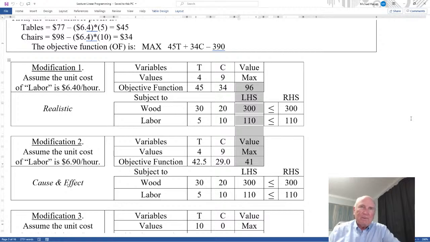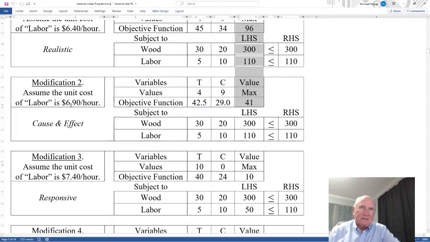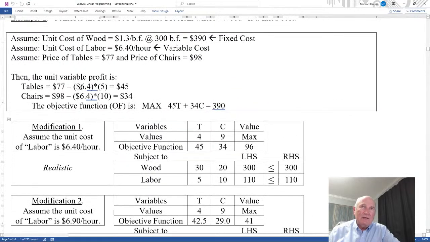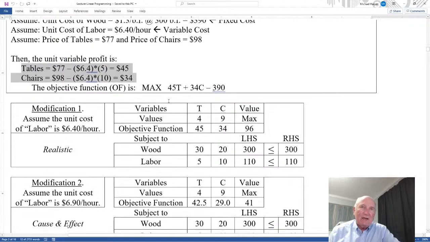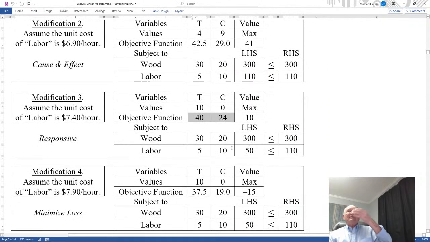If I increase this, modification 3, if I increase this by another 50 cents, from 640 to 690 to 740, and I take the 740, I put it in here, and I get new values here for my variable profit, I get 40 and 24, I solve it again.